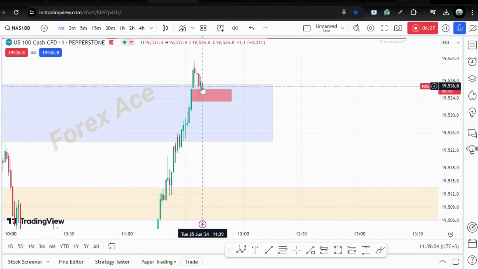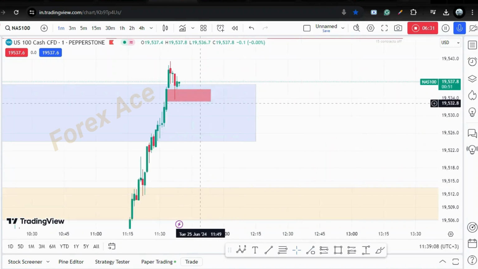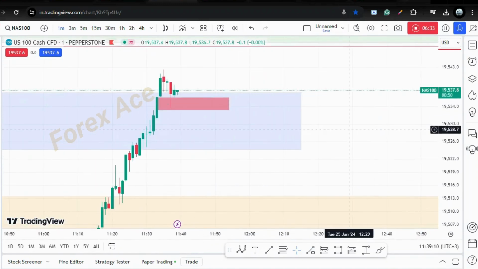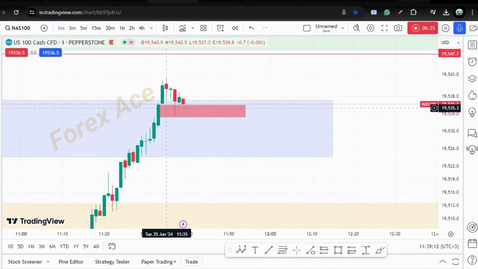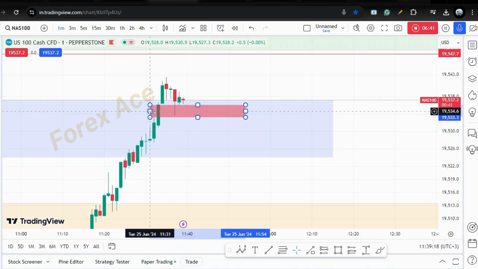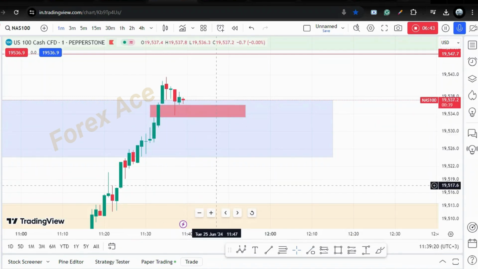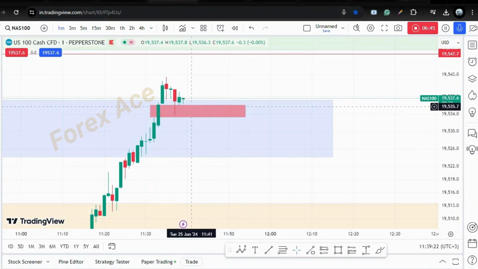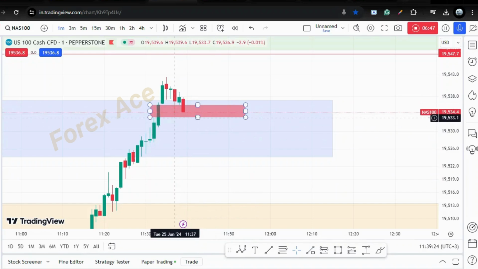I don't want to see this fair value gap not respected. I want to see it fully respected. Being respected, the price can trade in this area but not close below it. That's what I mean by being respected. The price can trade in here. It can wick down. You see this wick, this is a wick.